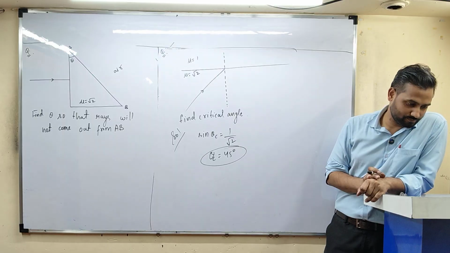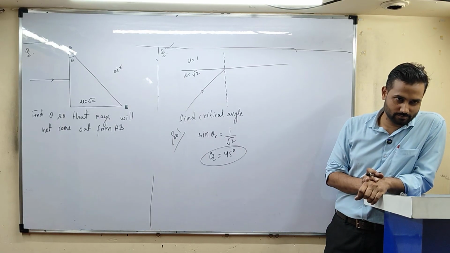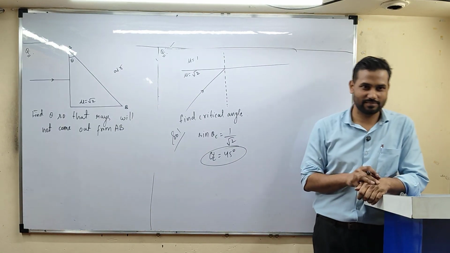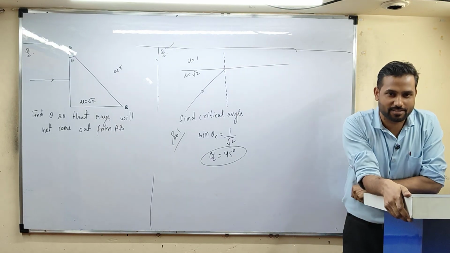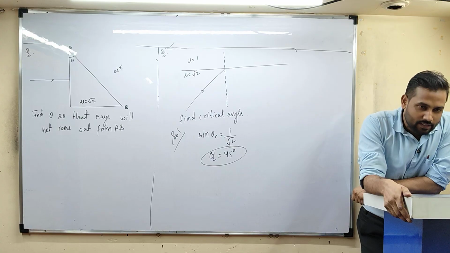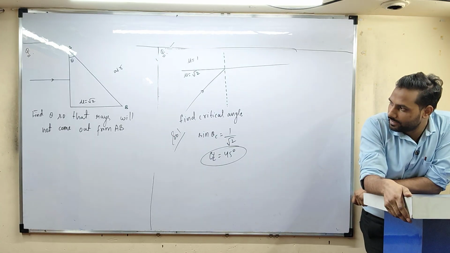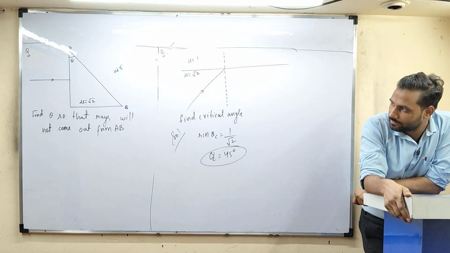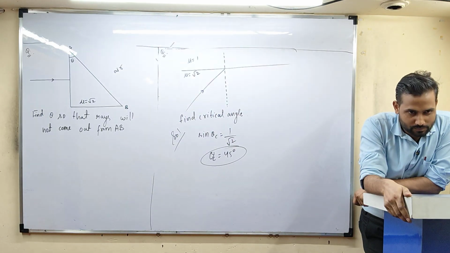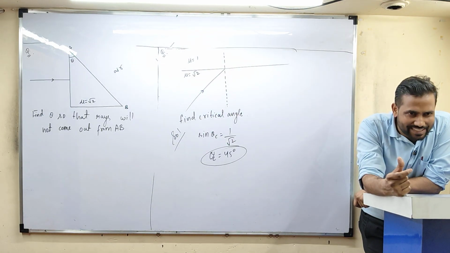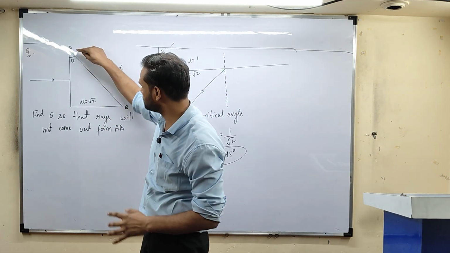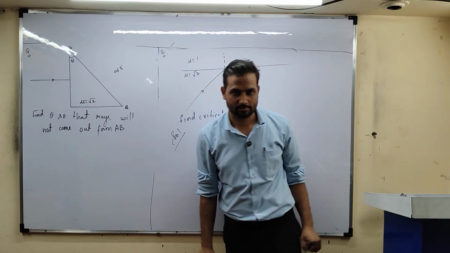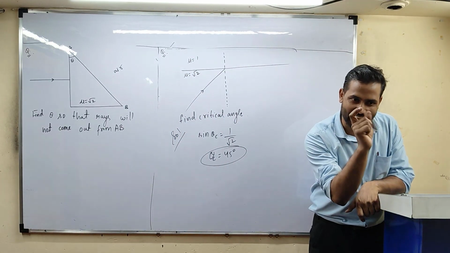Solve. Old students, try to solve this question. Be fast. You have to find that theta so that the rays will not come from this AB. What is that theta?